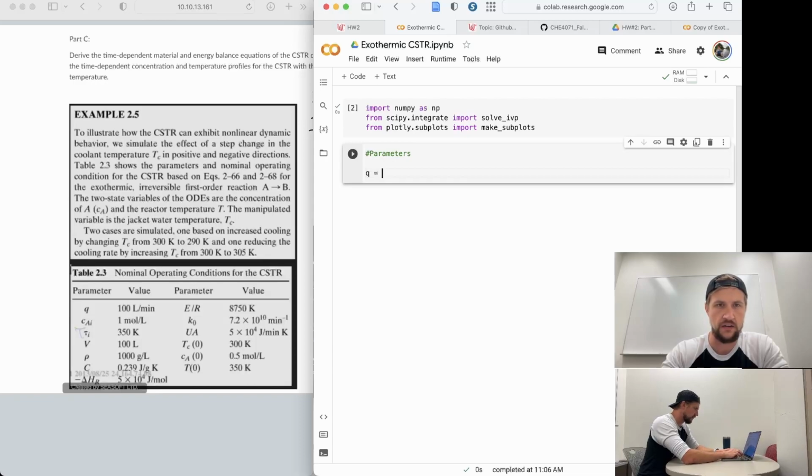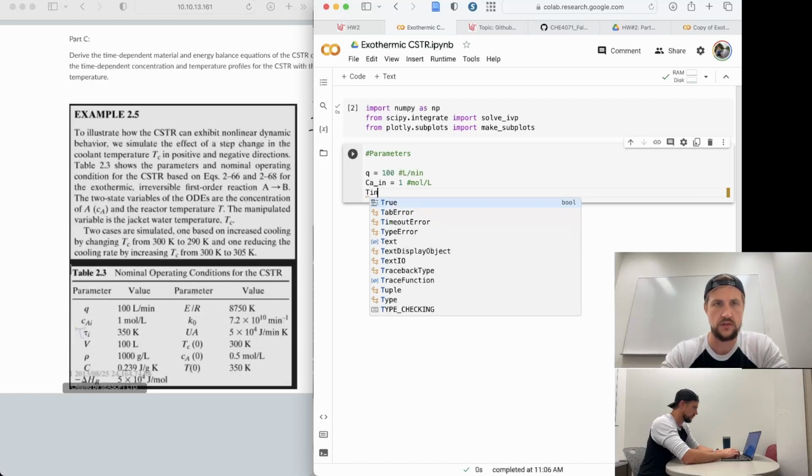Here we've got our flow. Okay, we've got our CA coming in equals 1, and that's mole per liter. We have our temperature coming in at 350, and that's in kelvins.